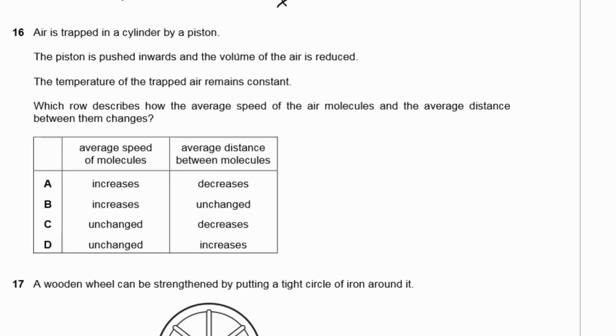16. Air is trapped inside a cylinder by a piston. The piston is pushed inward and the volume of air is reduced. So volume is reduced and it's pushed inside. The temperature remains constant. Oh, that's nice. Which row describes the average speed of the air molecules and the average distance between them and how it changes? Okay, well, temperature is proportional to the average velocity or the average speed of the molecules.